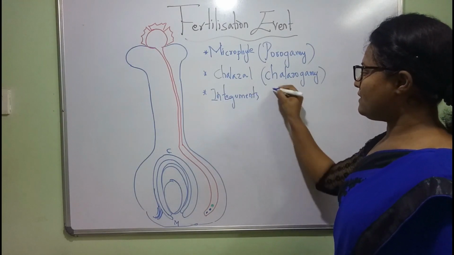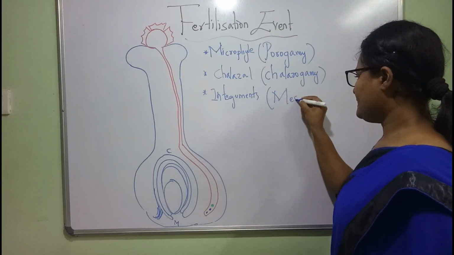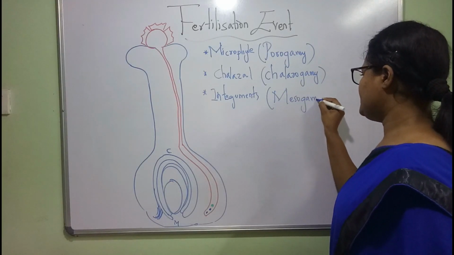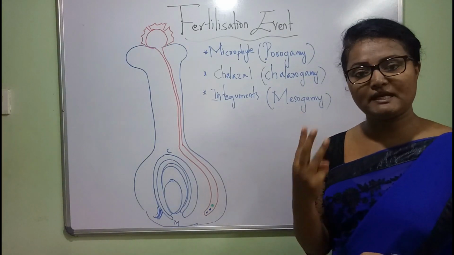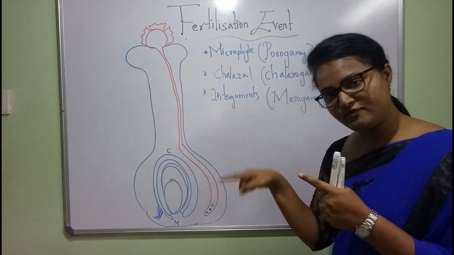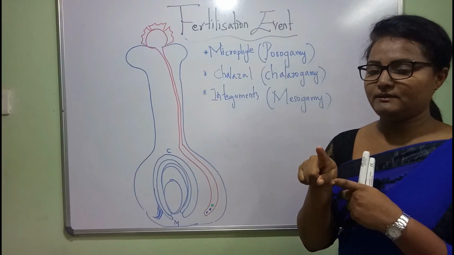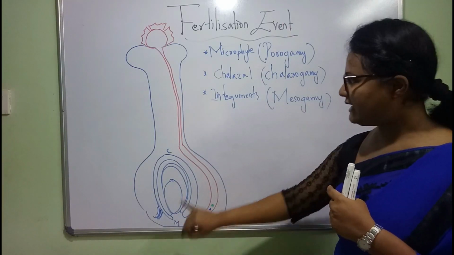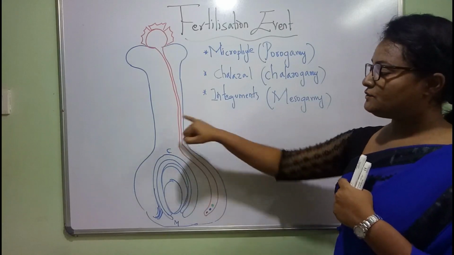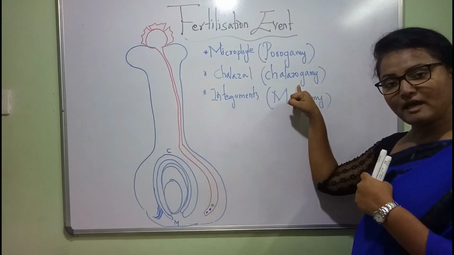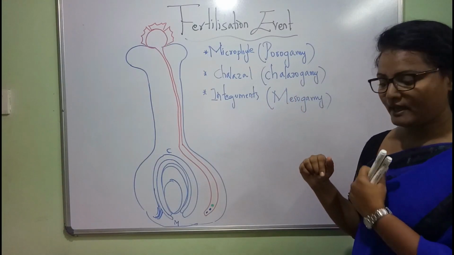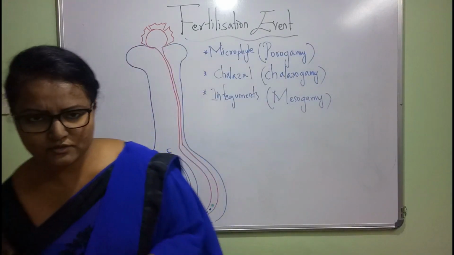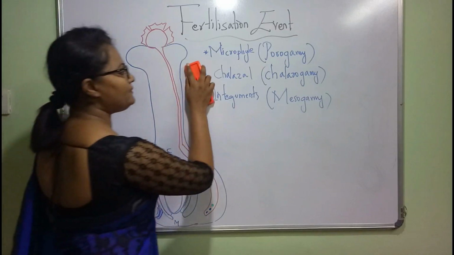That we call mesogamy. So the syngamy or fertilization is of three types here. One, if the pollen tube enters through the micropyle end, porogamy; through the chalazal end, chalazogamy; or through the integuments, mesogamy. Okay, so we are going to study the porogamy type.